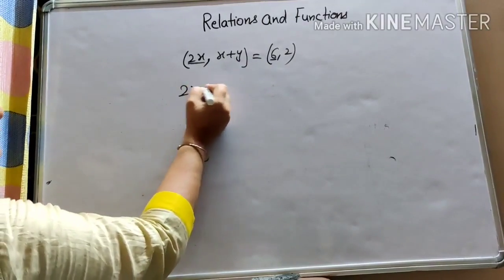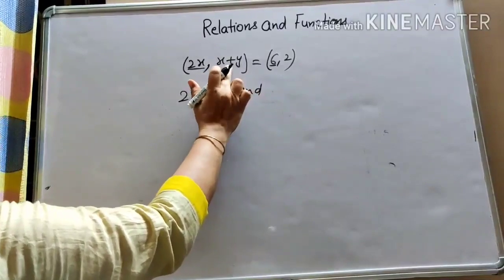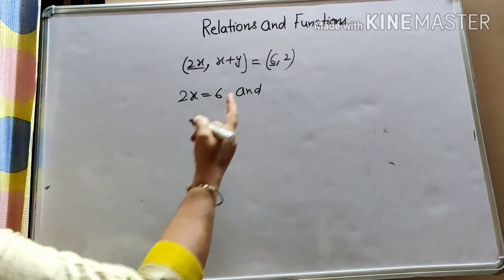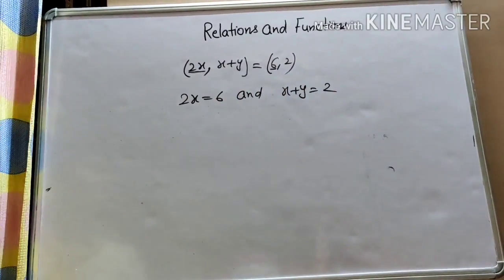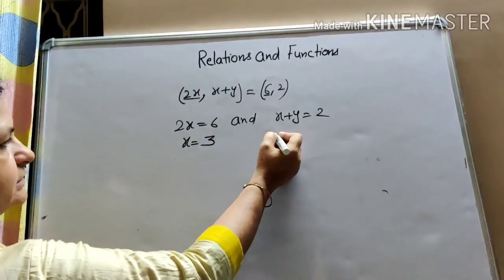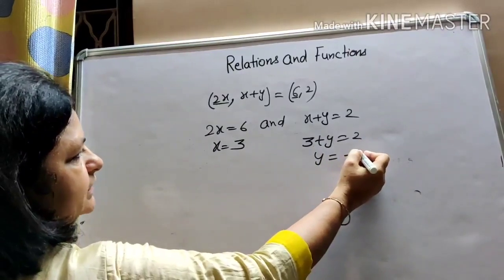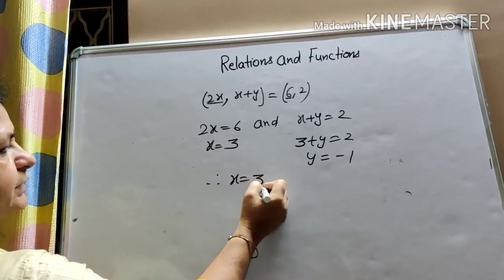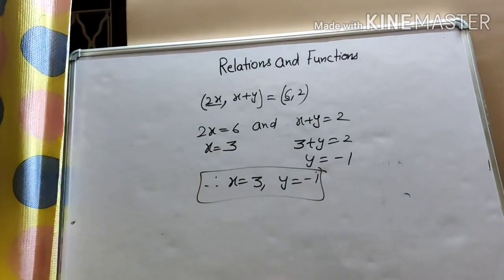It means 2x is equal to 6, and the second component of the first ordered pair is equal to the second component of the second ordered pair, so x + y should be equal to 2. Here we have x equal to 3 and 3 + y equal to 2, so the value of y becomes minus 1. Therefore, x is 3 and y is minus 1.